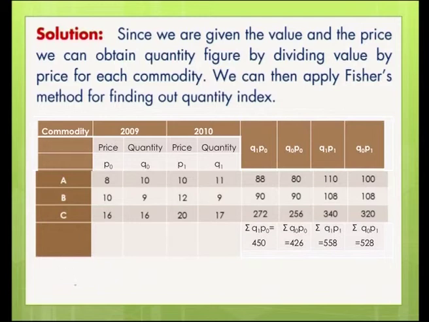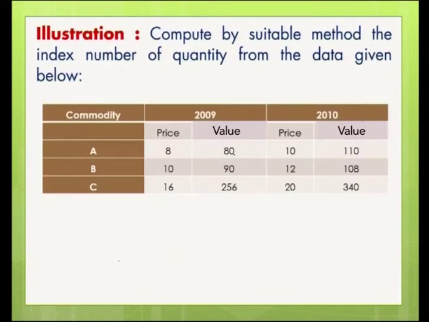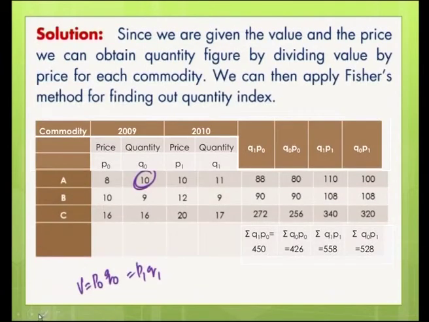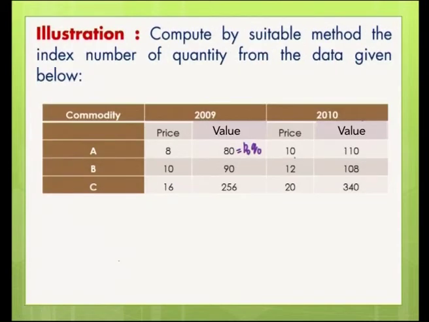Since we are given the value and price, we can obtain quantity figures by dividing value. What is value actually? V is nothing but P0 Q0, or it is P1 Q1. So, for example, how is this 10 obtained? In the previous slide, the value is 80, which is comprised of P0 Q0. If you want the Q0 value, 80 divided by 8 gives you 10. Similarly, 9 is computed. Similarly, next is 110 by 10.